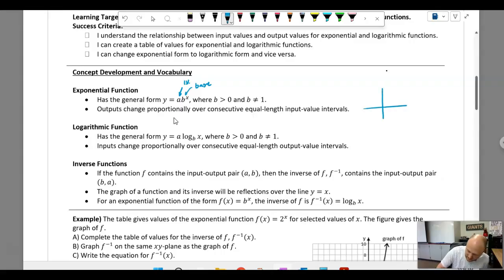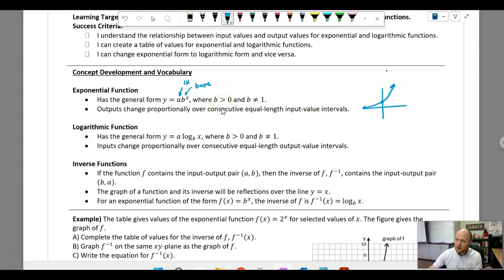If I have an axis here, and here's my initial value, you'll notice that the outputs grow proportionally, like the amount of COVID cases, the amount of zombies, the amount of likes on a viral video, and so on, over consecutive equal length input value intervals, okay? So the outputs are changing proportionally, multiplying by a certain value, and the inputs will have equal length input value intervals, usually adding by a certain amount.